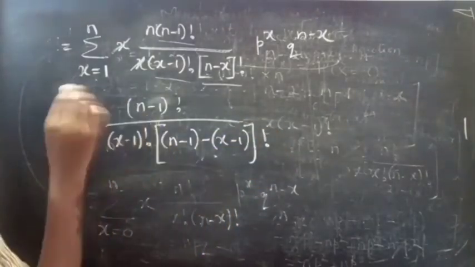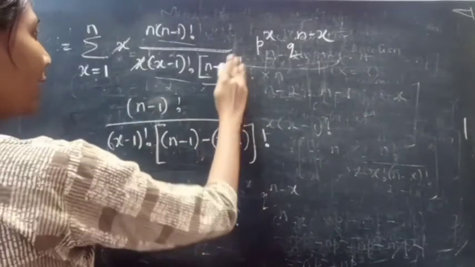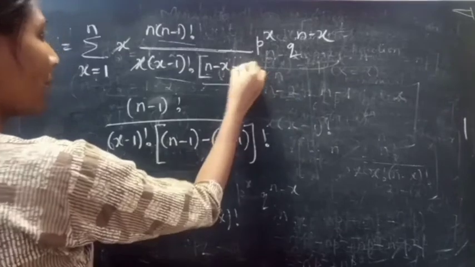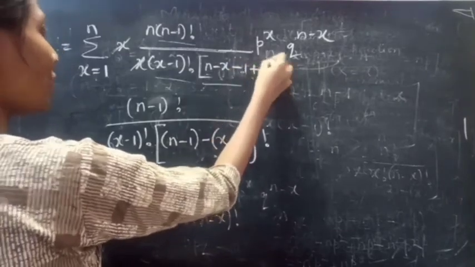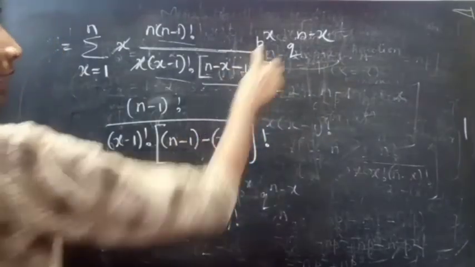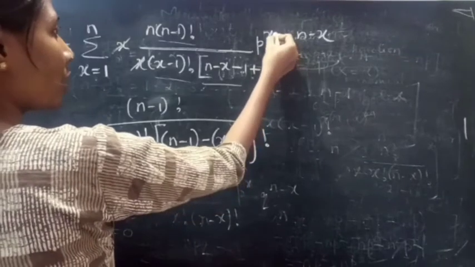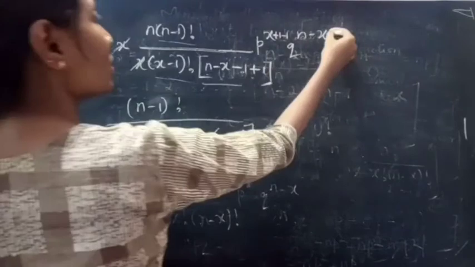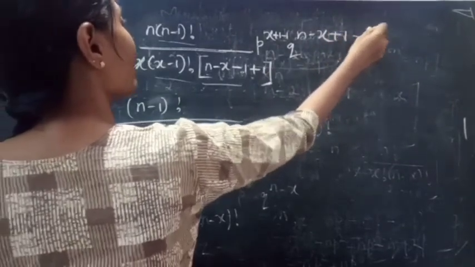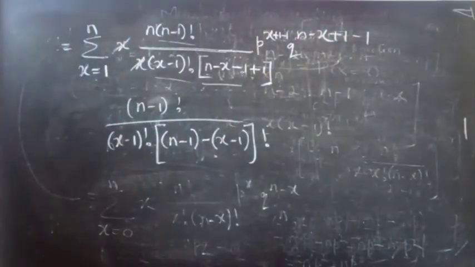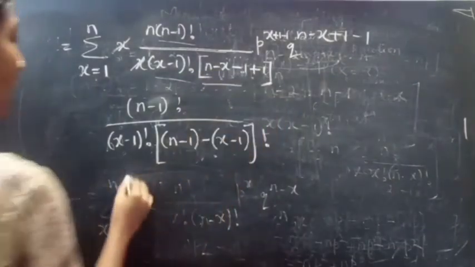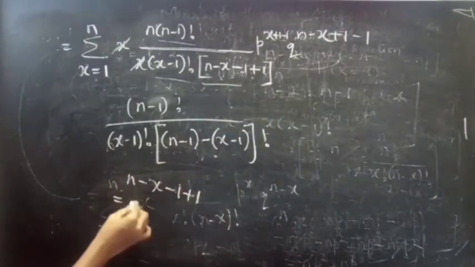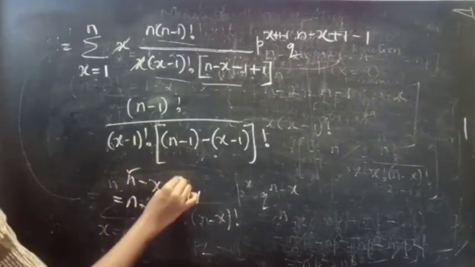That means you have to add minus 1 plus 1. Similarly, for the powers of p, you have to add plus 1 minus 1. So this n minus x minus 1 plus 1 can be written as n minus 1.